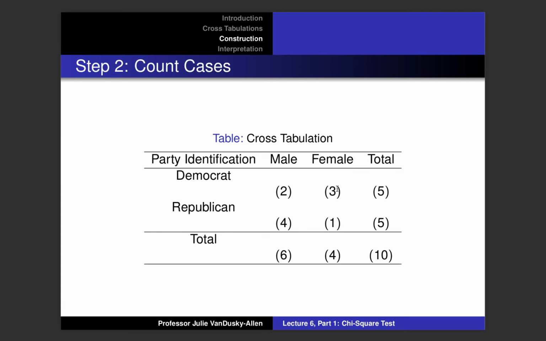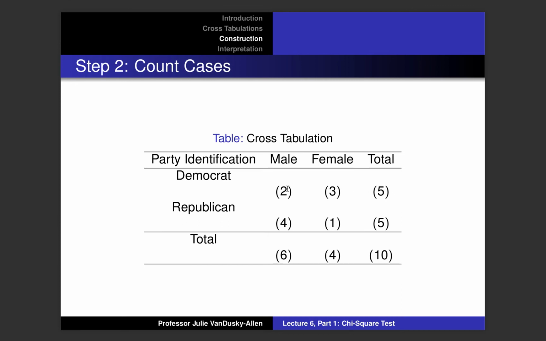After you input the correct information in each cell, you then have to calculate column totals and row totals. The first column total is calculated by summing all the observations in that column. So in this case, 2 plus 4 is 6. In the second column, 3 plus 1 is 4. Then you go to the last column and calculate the row totals.